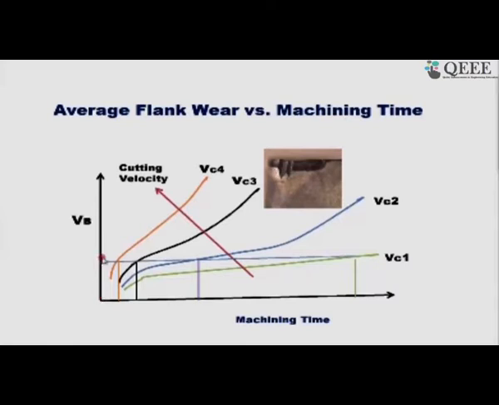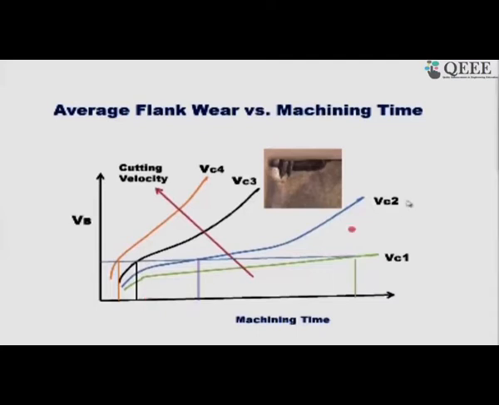In that case, this gives you this lifetime, and here this is the lifetime, and in the fourth case this is the lifetime. In summary, for VC1, the lowest cutting speed, this is the lifetime. For VC2, next higher, this is the lifetime. VC3, which is greater than VC2, this is the lifetime, and you see it is also falling exponentially.